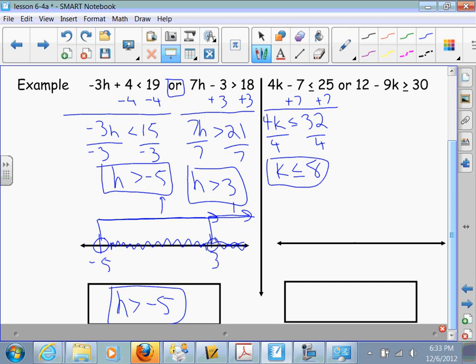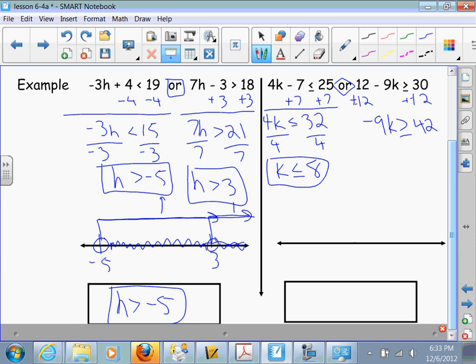Again, I'm using the word or. Okay, so simplifying this side, solving this inequality, I'm going to add 12 to both sides. Plus 12, plus 12, and I got negative 9k is greater than or equal to 42. Oh, I'm sorry, I did this wrong.